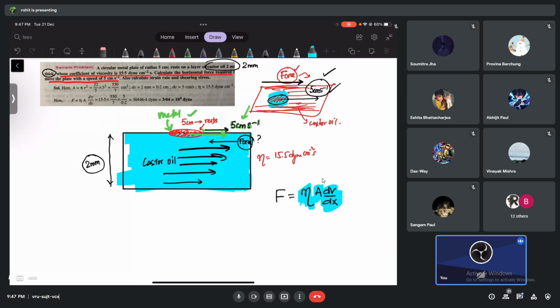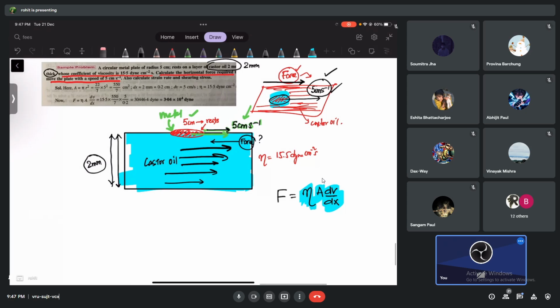The velocity gradient is easy to calculate, because the difference between the bottom and the topmost layer is 2 millimeter. The difference in velocity, dv, is 5 centimeter per second minus 0 centimeter per second.